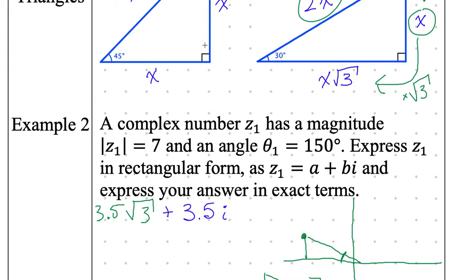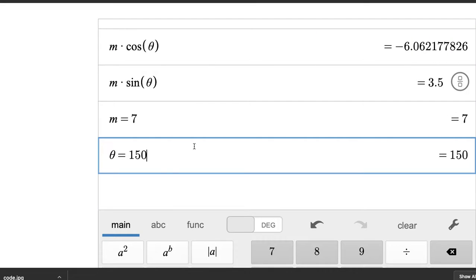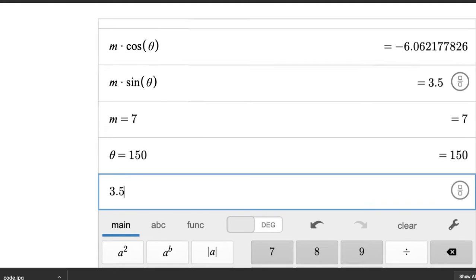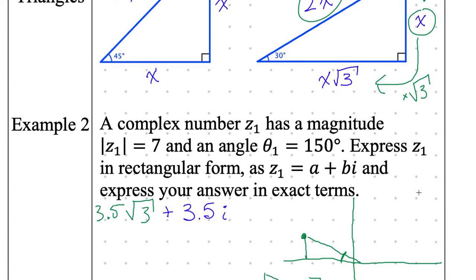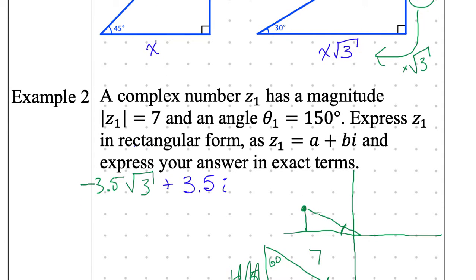And you can even check that on the calculator too. So I'm going to alt tab real quick, I'll come back. But if I come down here and I do, what is 3.5 times the square root of 3? 6.06. There it is. Oh, but there is a problem with that, isn't there? We were going left, so it should be a negative, because we were over here on the left-hand side, the negative real direction.